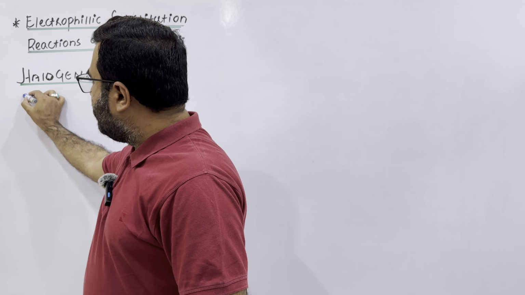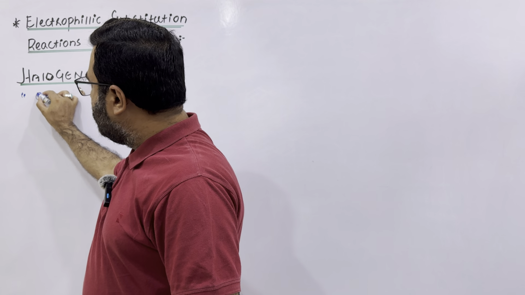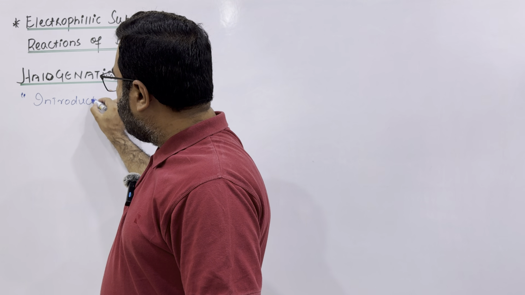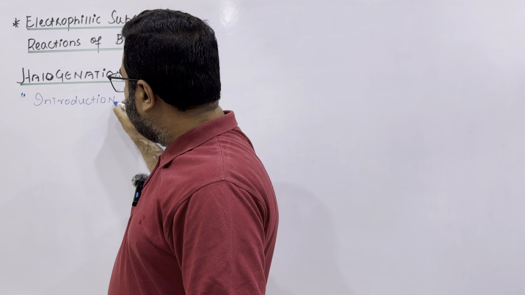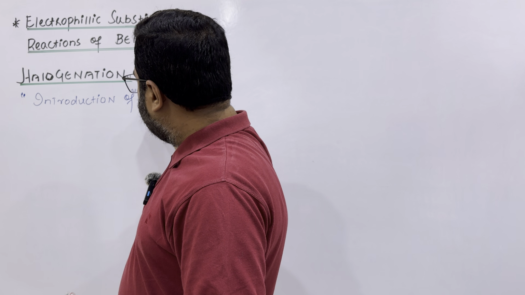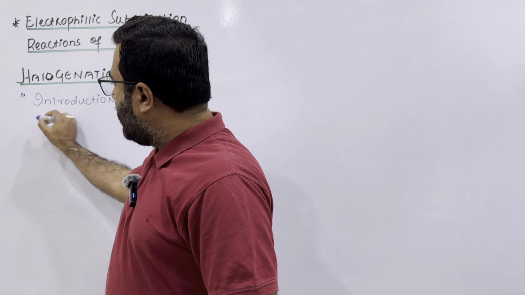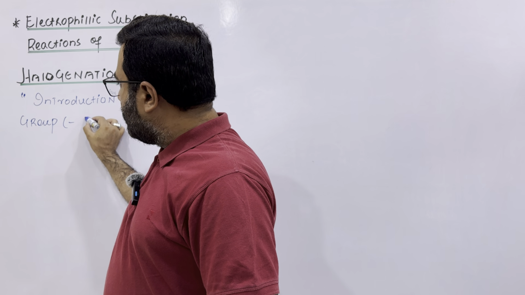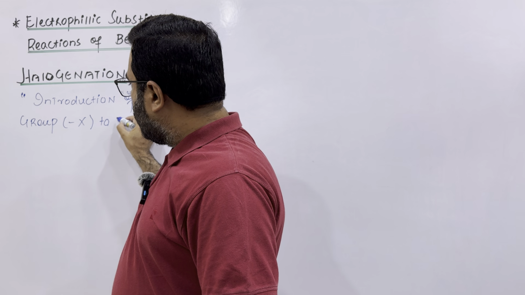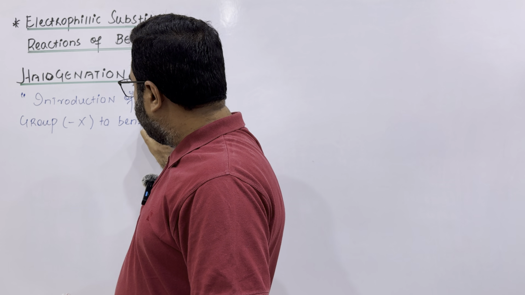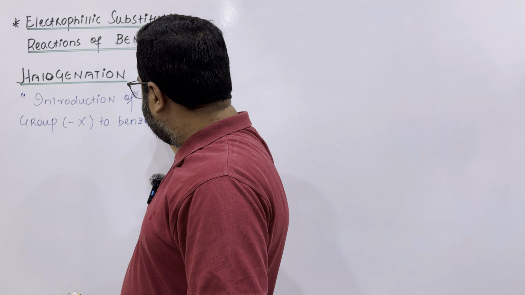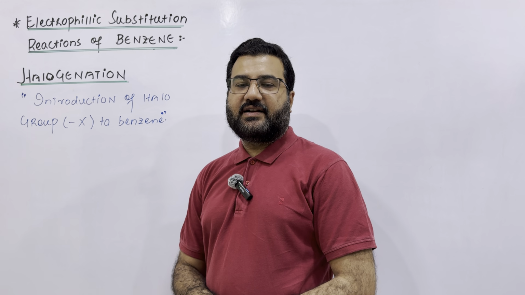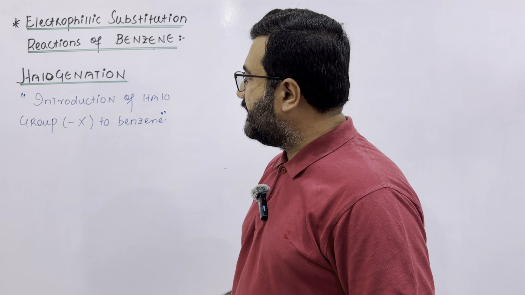Halogenation can be defined as the introduction of the halo group to benzene. So introduction of the halo group to the benzene, that is called the halogenation of the benzene.